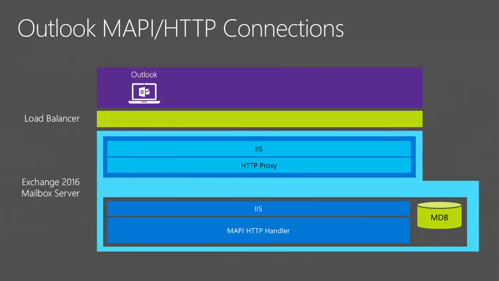OK, so let's talk about the connection. RPC over HTTP, or Outlook Anywhere, is a full duplex protocol. So in order for us to get connectivity using HTTP, which is a half duplex protocol, we needed to create two channels for Outlook Anywhere. One was the RPC data in channel, which was the channel used when you're sending data to the server.